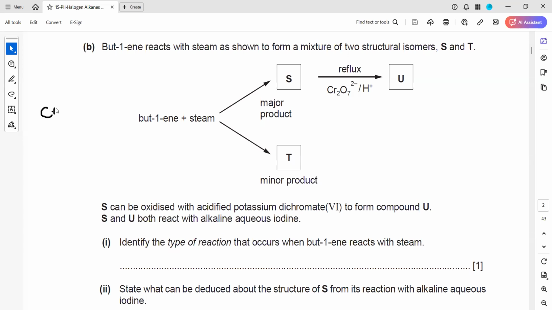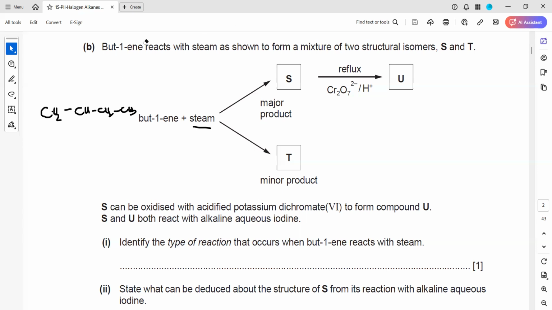So if we have but-1-ene, I mean CH2, CH will be there, then CH2 and CH3. When it reacts with steam, the double bond will break.